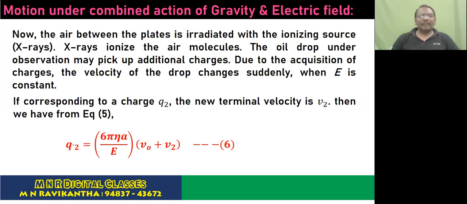In the entire equation, again there will be four forces: the gravitational force, the viscous force, the buoyant force and the electric force. The buoyant force and gravitational force remain unchanged, whereas in the viscous force, the term V1 should be replaced by V2. In the electric force, Q1 is replaced by Q2. Call this equation 6.